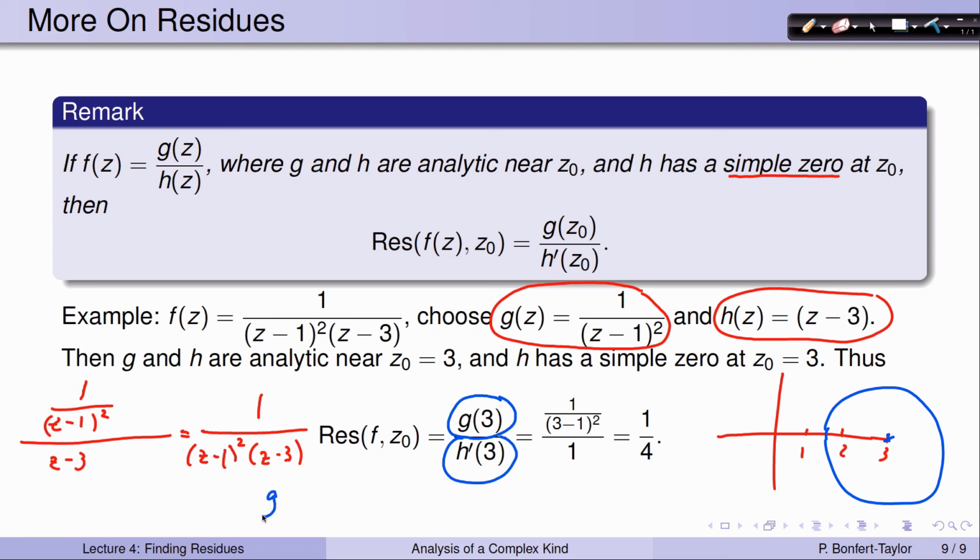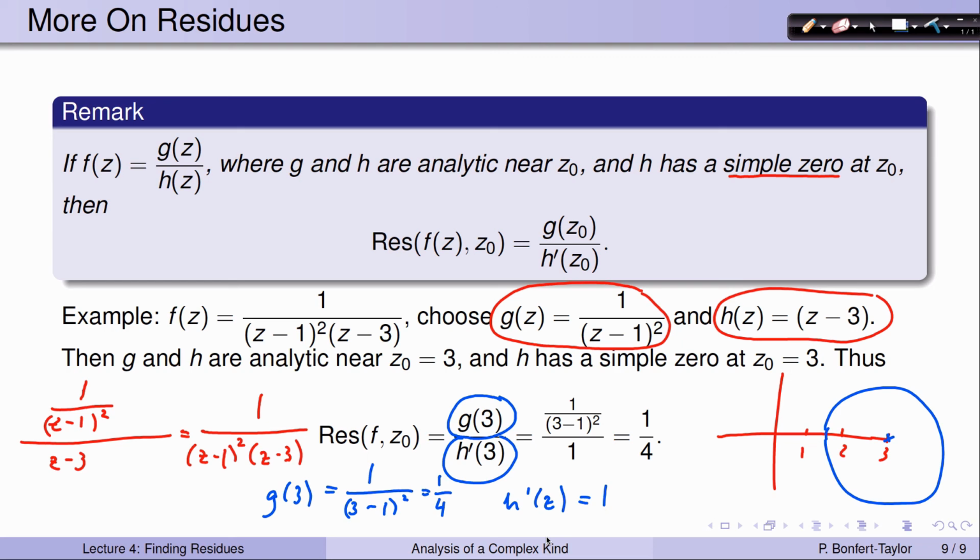While g of 3 is 1 over 3 minus 1 squared, 3 minus 1 is negative 2. Square that, you get 4, so this is 1/4. And h prime of 3 is equal to 1 because the derivative of h is simply equal to 1 everywhere. Therefore, the residue of this function f at 3 is 1/4.